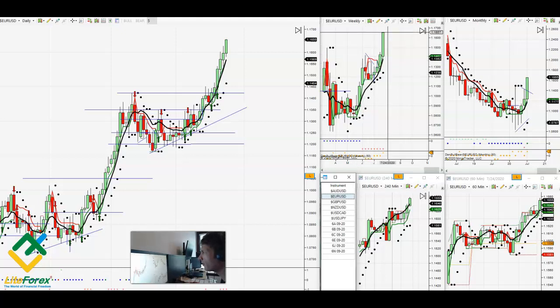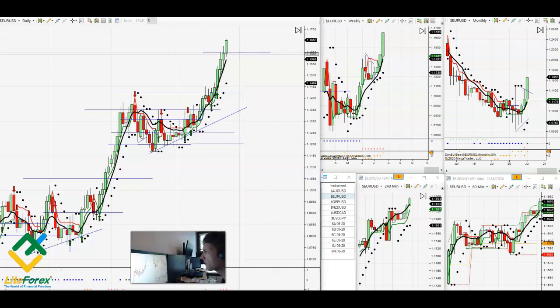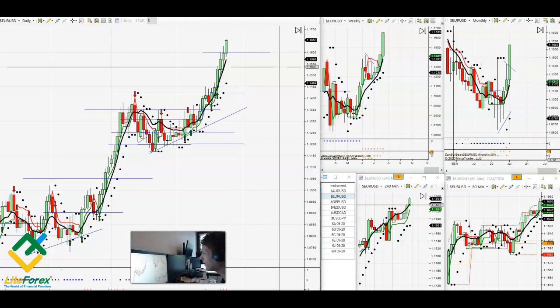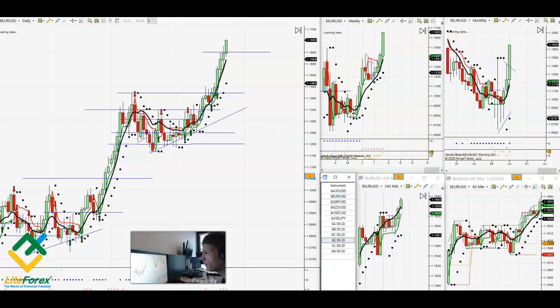Price is going to open, and it's going to need to pull back. So look for a pullback. Look for support at 1.16. Let's see if it can hold that support. But yeah, I do anticipate a pullback coming on the Euro USD.